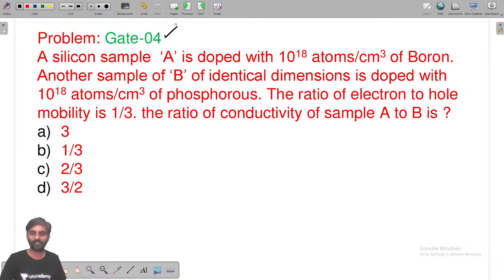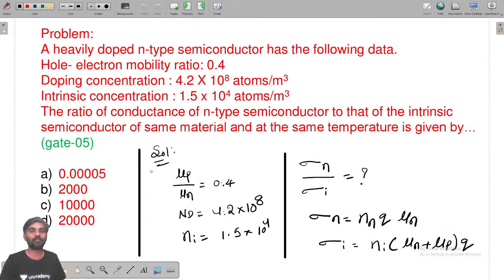No, it is a simple question. You don't want to prove anything. He's just asking for the ratio of the conductions.